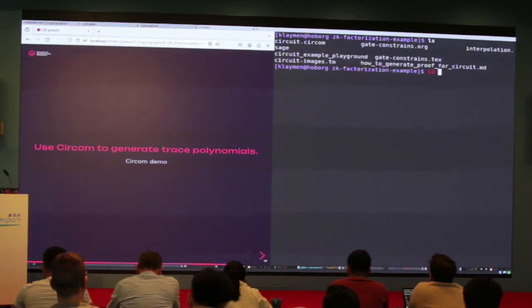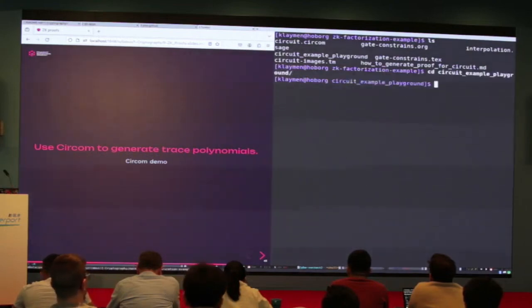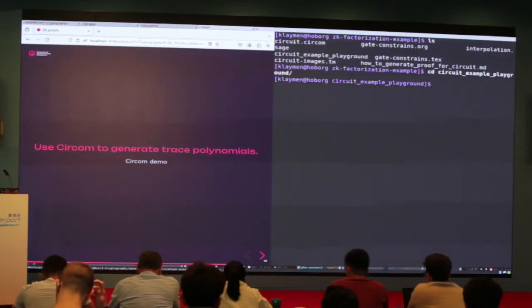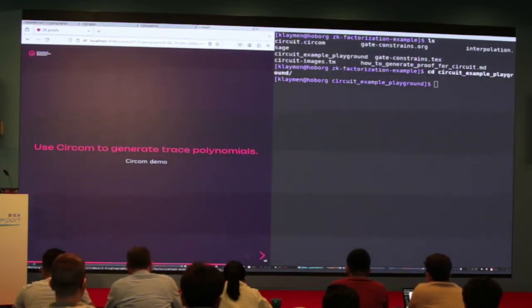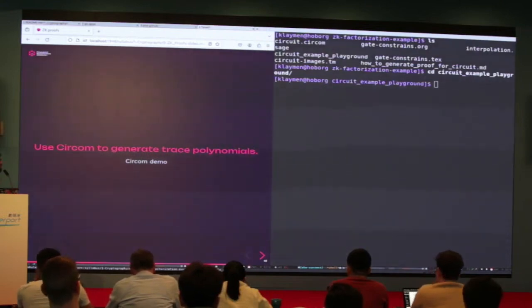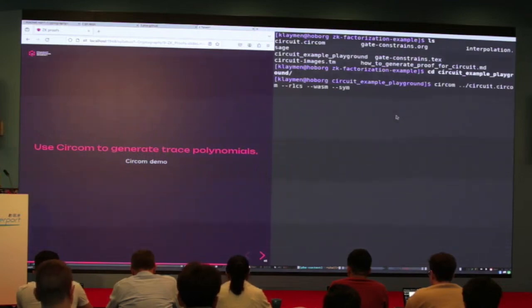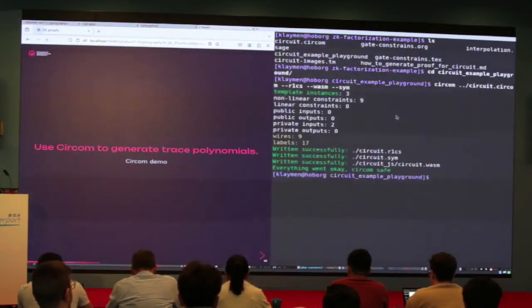So I have a folder here called Circuit Example Playground, and I tell Circom to compile a circuit. It's compiling the circuit, but it doesn't have the secret values yet. Then, from the circuit and the power of tau that I did before, I need to generate the proving key, which is not a secret key.